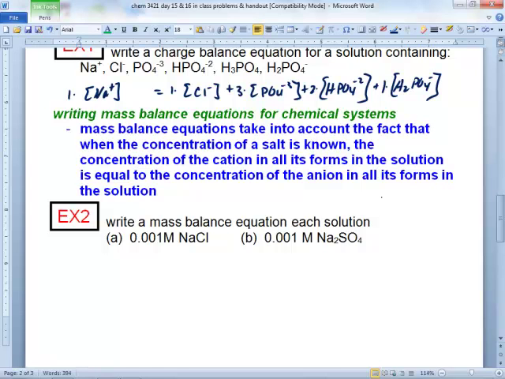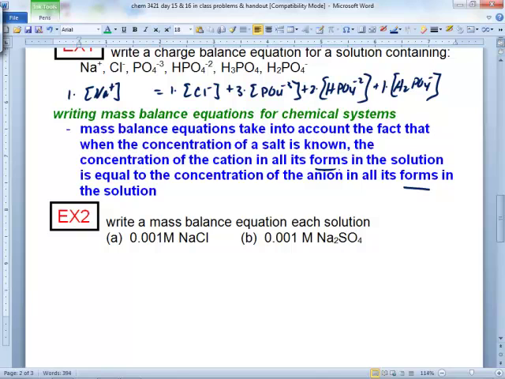It's all salt. Something has a cation and an anion. The concentration of the cation in all its forms in the solution is equal to the concentration of the anion in all its forms in the solution. All I'm trying to get at is this word forms. So this is wordy, but let's do some problems that will make a lot more sense.